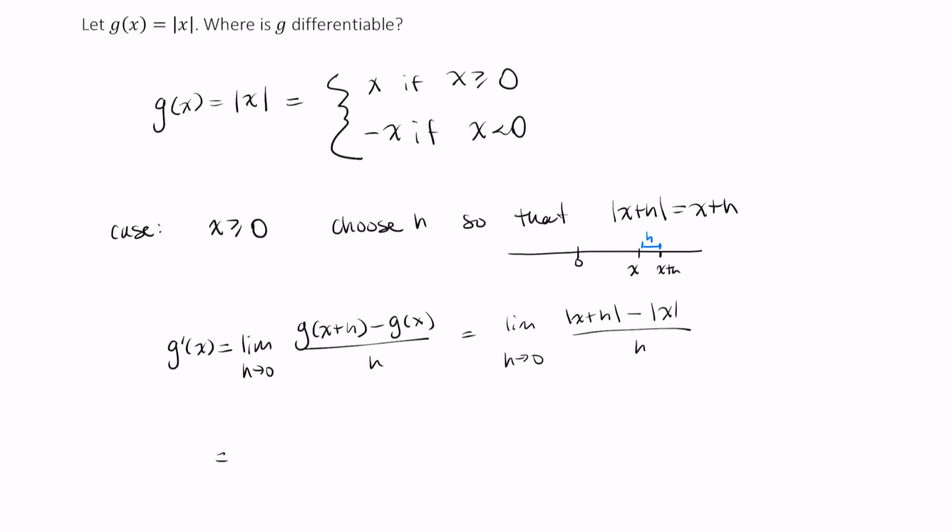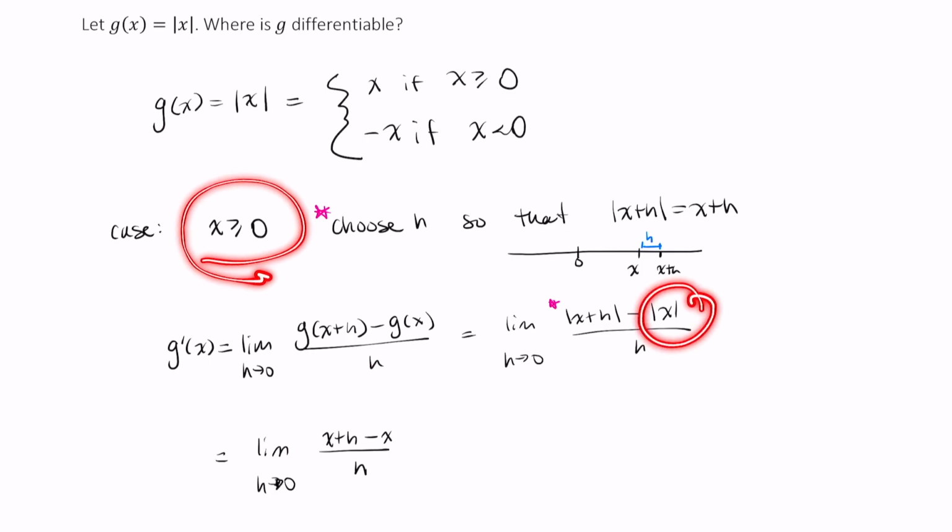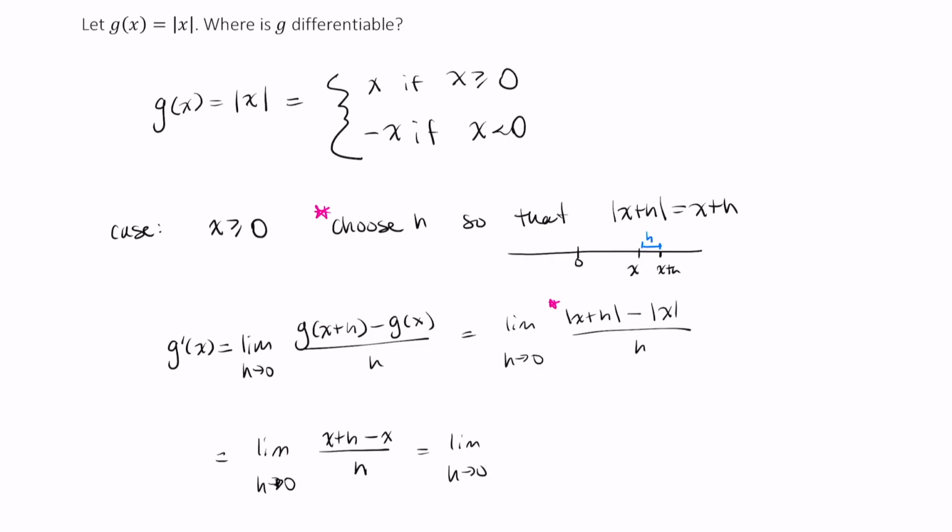Now, this is where this criteria we have here comes in handy. We know that that's going to be larger than 0. So this is the limit as h approaches 0 of x plus h minus x over h. Now, we began with the case that x is greater than 0, so it's absolute value. Now, continuing, this is just the limit as h approaches 0 of h over h, which is 1.